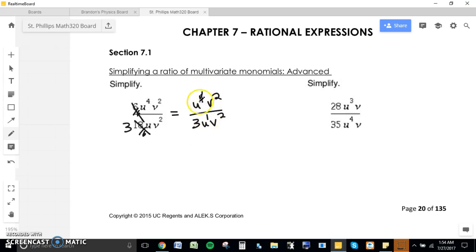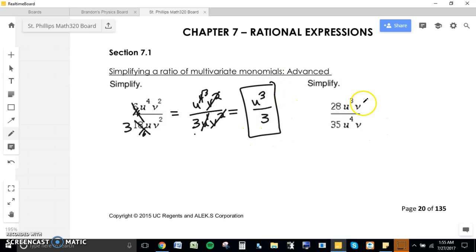Instead of u to the 4th, it becomes u cubed, and u to the 1st becomes u to the 0, so that's just gone. And what about the v's? They both have 2 v's, so I can take away 2 v's from each. What am I left with? u cubed at the top and 3 at the bottom. And that would be my answer.